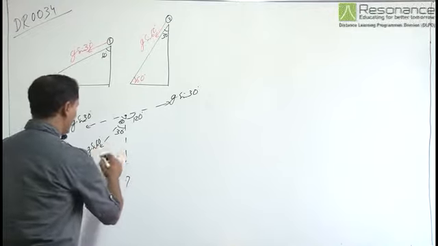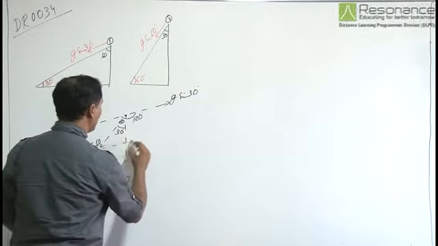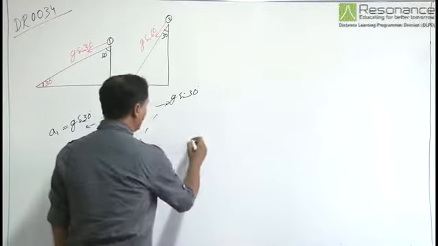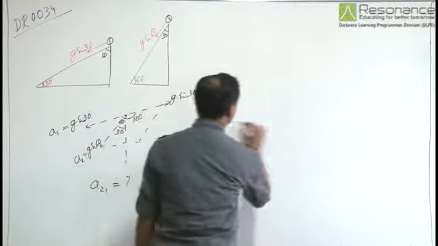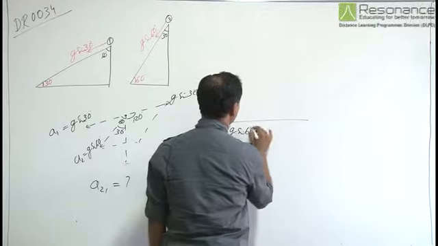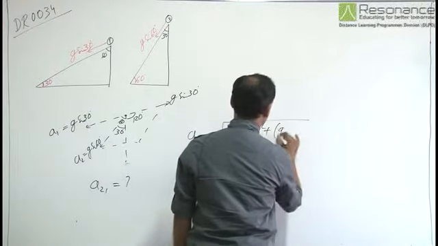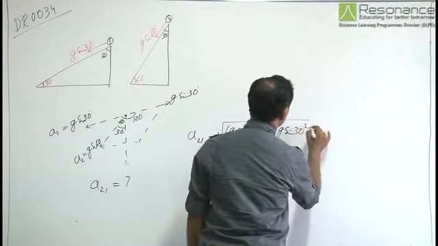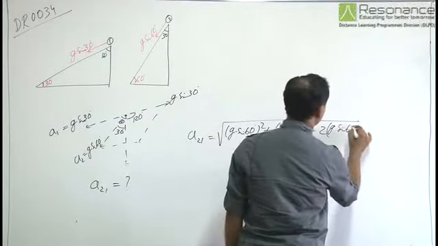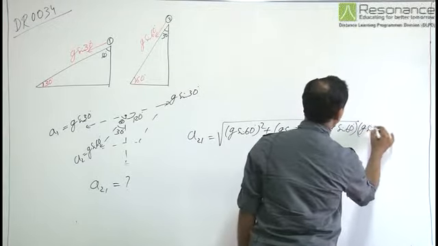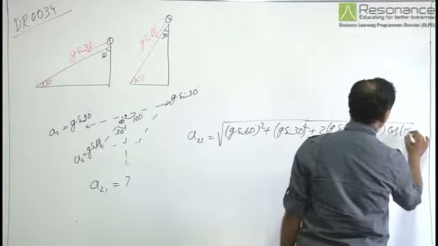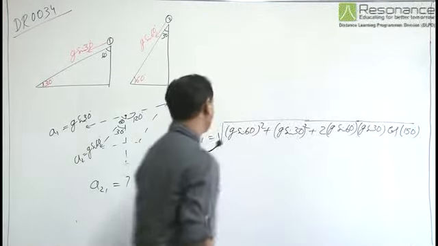Now we need to find the resultant of these two vectors. So A 2/1 is equal to the square root of (g sine 60) square plus (g sine 30) square plus 2 g sine 60 g sine 30 into cos of 150 degree.